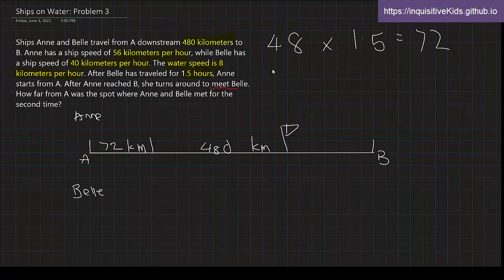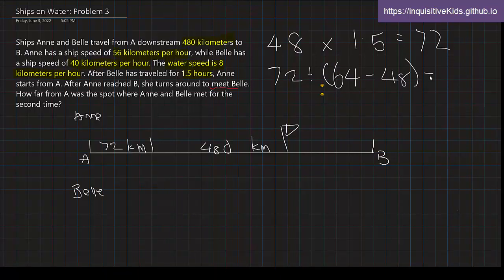The time would be the difference in distance that they went first, divided by the difference in speeds, which is downstream 64 minus 48.